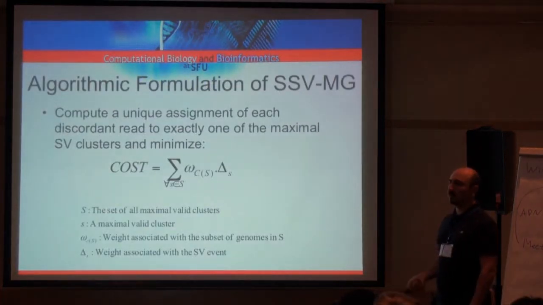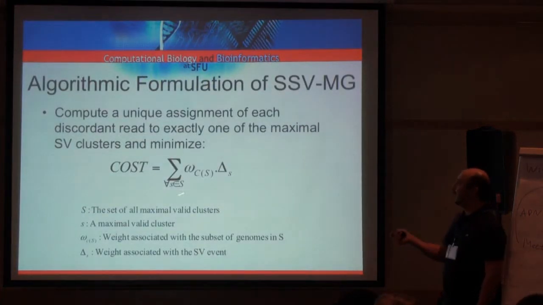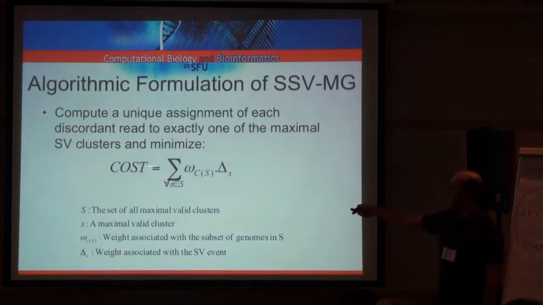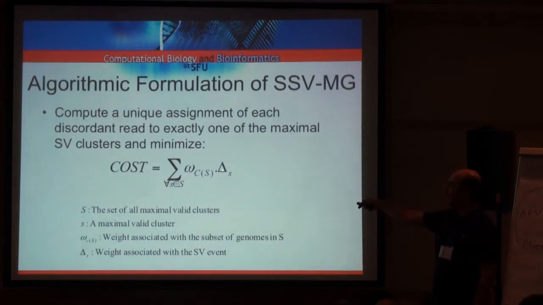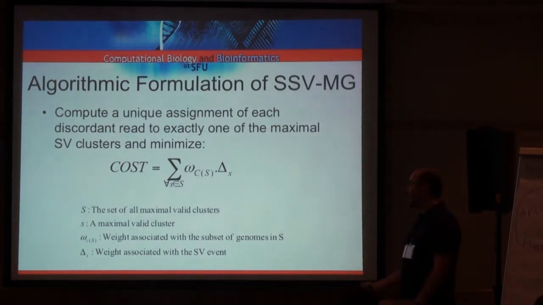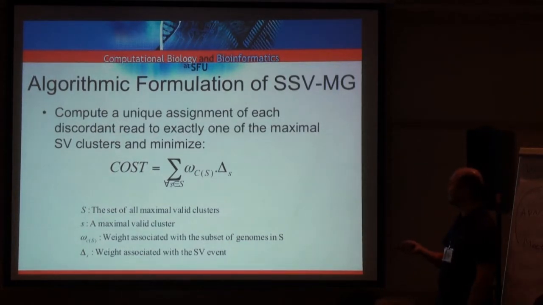So I'm not going to get into the theoretical details, but in general, the cost will be a sum of all those differences between pairs of genomes multiplied with the appropriate weight, where the weight determines the genomic distance between the donor and the reference genomes.